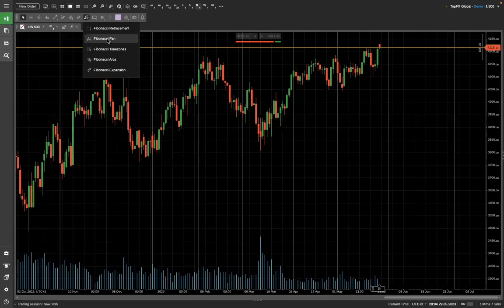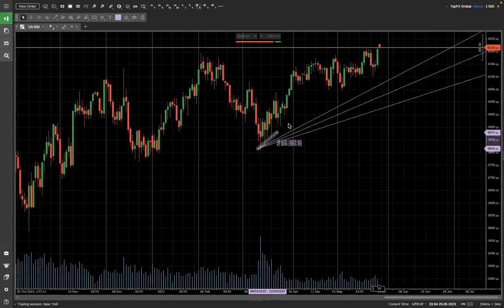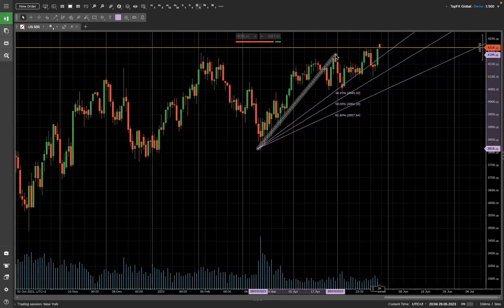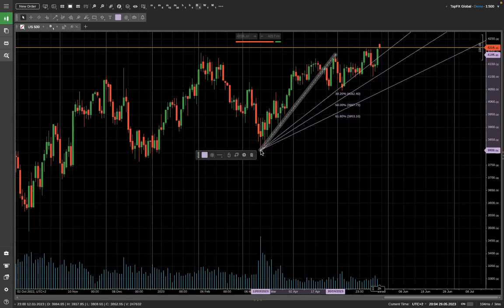So let me show you how this Fibonacci Fan looks and how you can apply the Fibonacci Fan on the chart. You click on the Fibonacci Fan. Let's say you take this swing low, and now you need to find the swing high. For example, I will choose this swing high, and this is the dashed line I'm using, as in every Fibonacci tool, to mark the swing low and potential swing high.